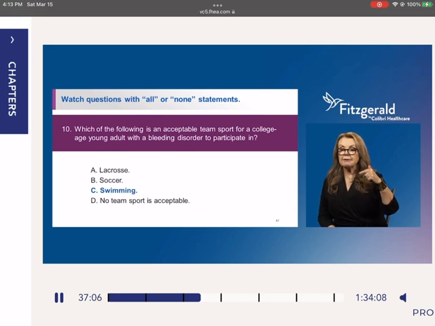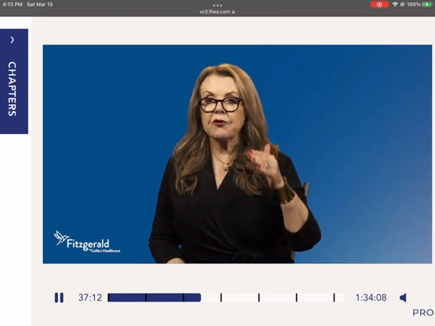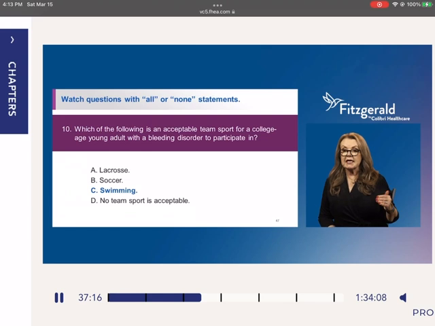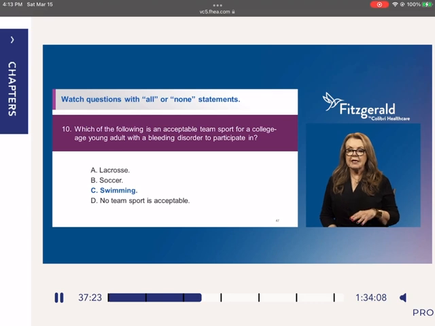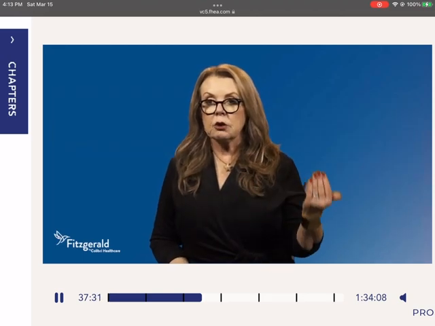And looking at option D, this is important on all your exam questions. Watch for questions with all or none statements. Option D says no team sport. Nope, never. Never a team sport. No. All or none statements are seldom correct on boards because we're in a line of work where very few things are all or nothing.